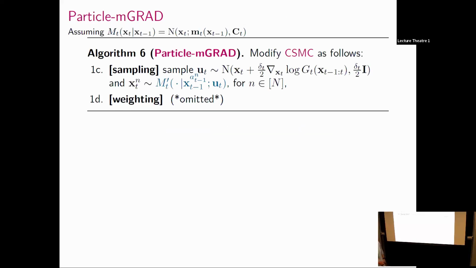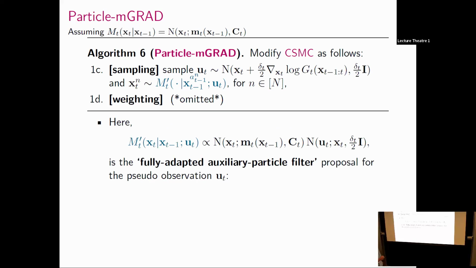And in this case, we have another algorithm which we call particle mGRAD. Again, there's some complicated joint proposal going on here. The main thing is that we can treat the auxiliary variable as a kind of pseudo observation, and then conditional on these auxiliary variables, we propose particles from a proposal which you can recognize is effectively the fully adapted auxiliary particle filter proposal, if your observations are these pseudo observations.